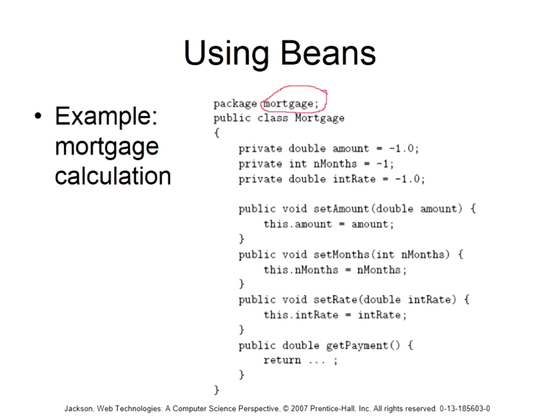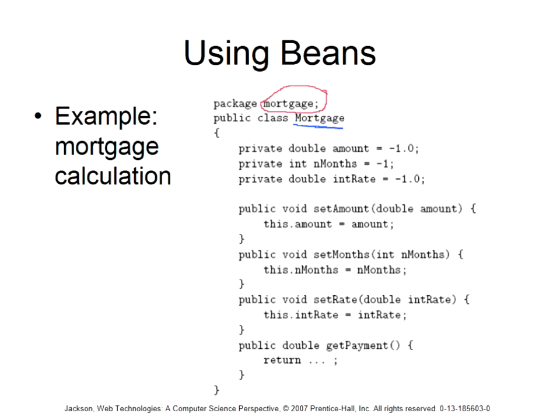This is the name of the package. The name of the bean here is ch8 with M capital. After that, how many attributes do we have? 3.